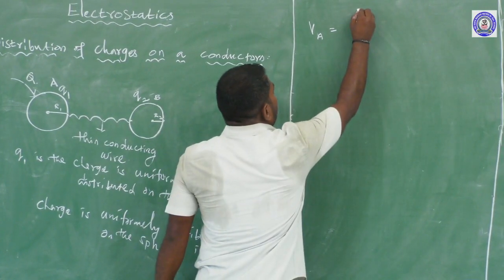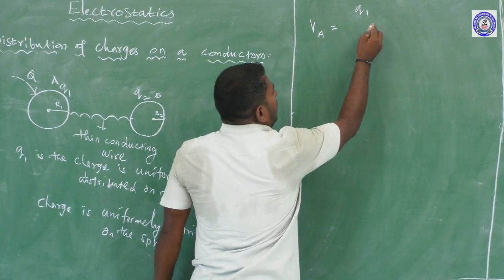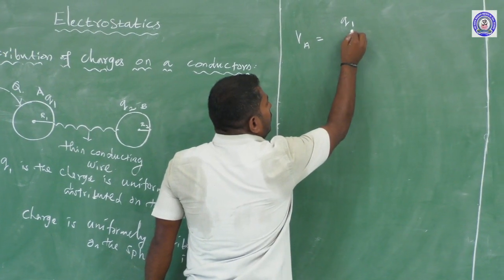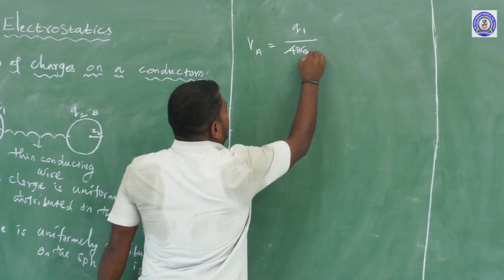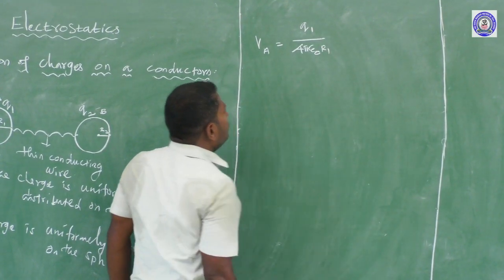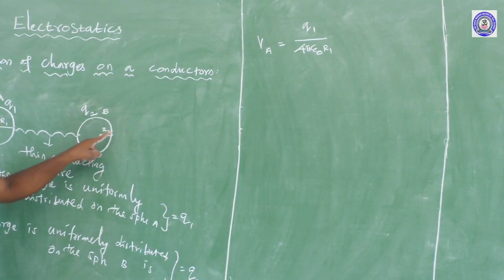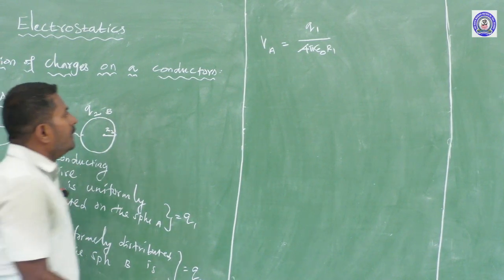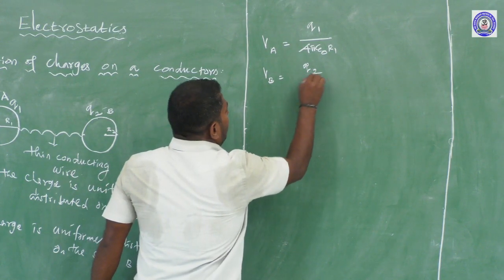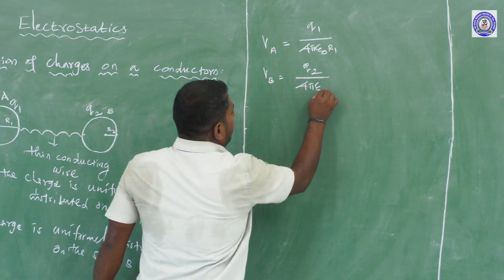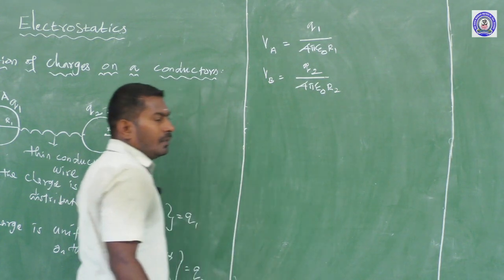Already we know that the potential due to the charge Q1 on the metallic sphere is Q1 divided by 4 pi epsilon naught R1. Then the electrostatic potential at the surface of the metallic sphere B, VB, is equal to Q2 divided by 4 pi epsilon naught R2.